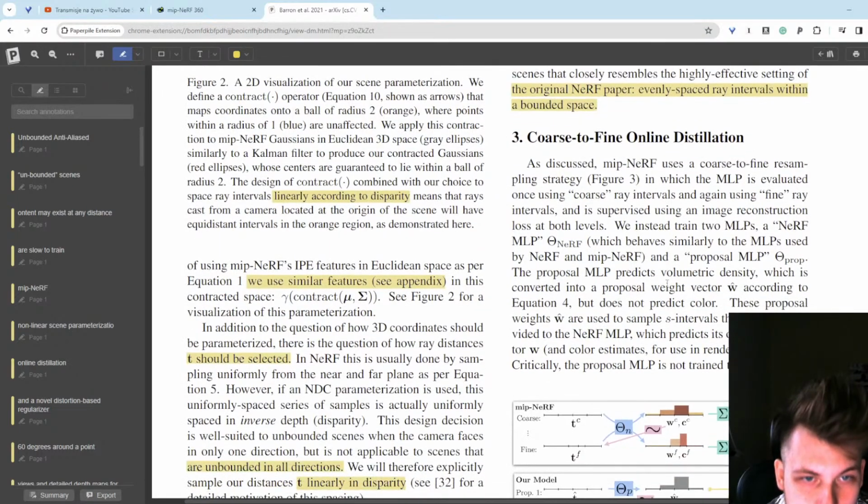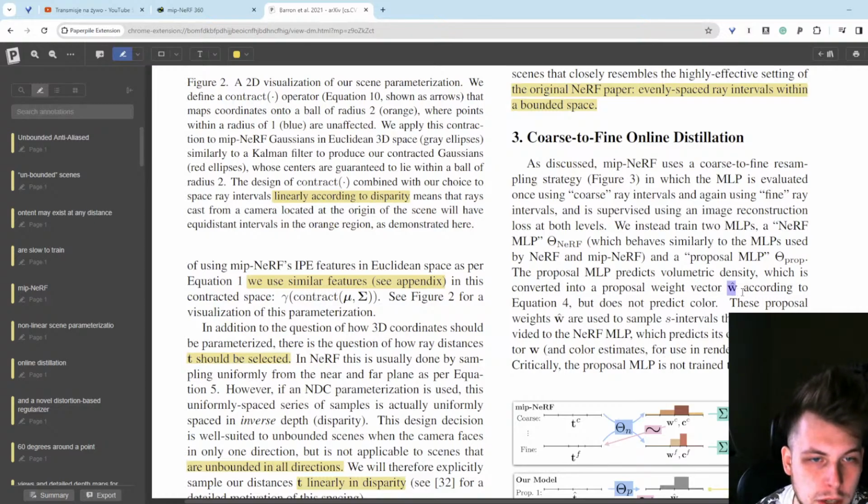The proposal MLP predicts volumetric density, which is converted into a proposal weight vector W according to equation 4, but does not predict color. These proposal weights are used to sample s intervals that are then provided to the NeRF MLP, which predicts its own weight vector W and color estimates for use in rendering an image.